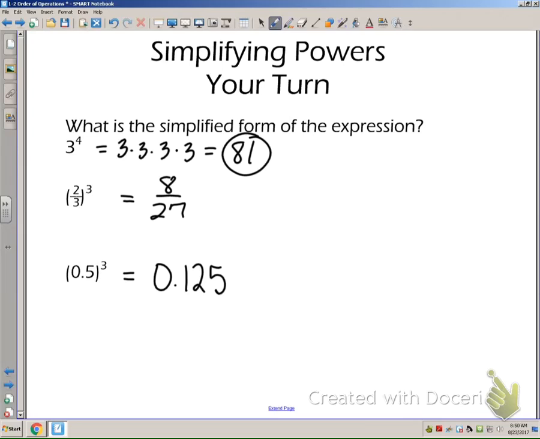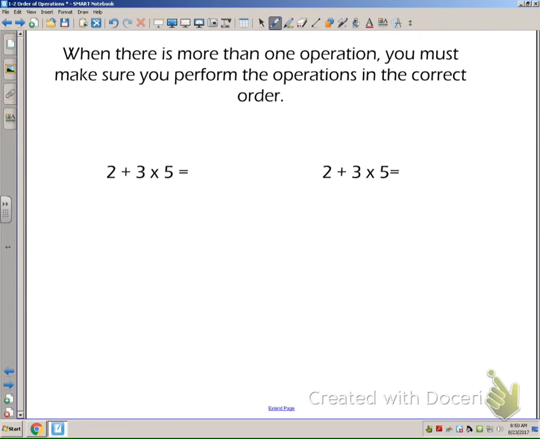I rewrote 3 to the 4th as 3 times 3 times 3 times 3, and it's asking for the simplified form, so I multiply that out and get 81. I did the same thing with the 2/3, wrote it out 3 times, and then simplified it and got 8 over 27. Same with this one, 0.5 3 times. I multiply it out 3 times, and I get 0.125.